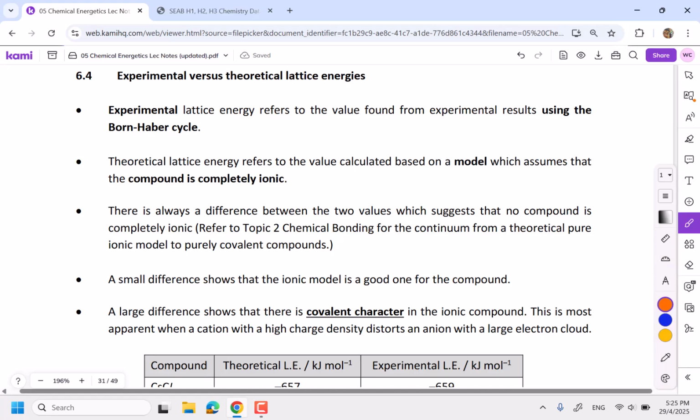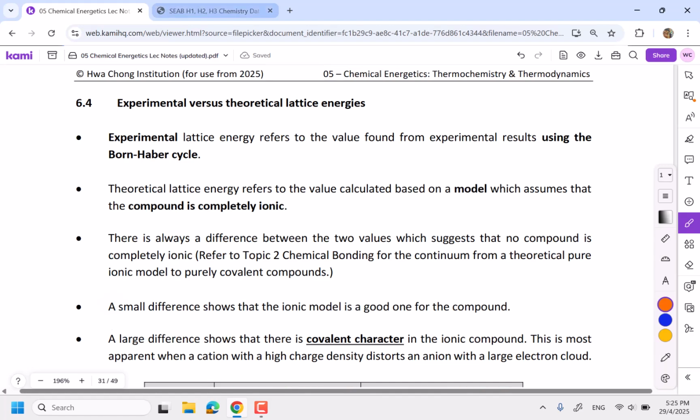As you have learned in chemical bonding, for cations, we are looking at polarizing power. Polarizing power is defined as the ability of a cation to distort an electron cloud. So the greater the polarizing power, the greater its ability to distort electron clouds.